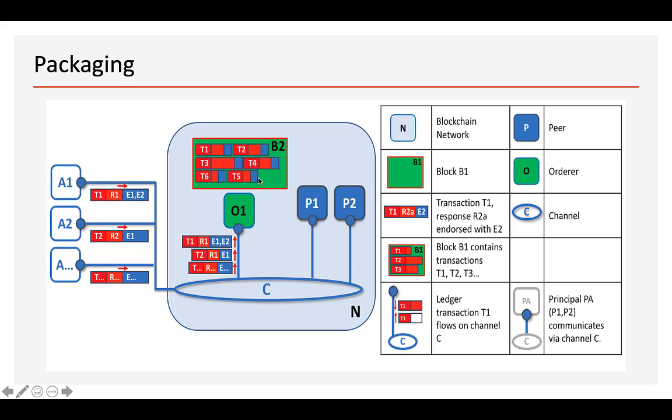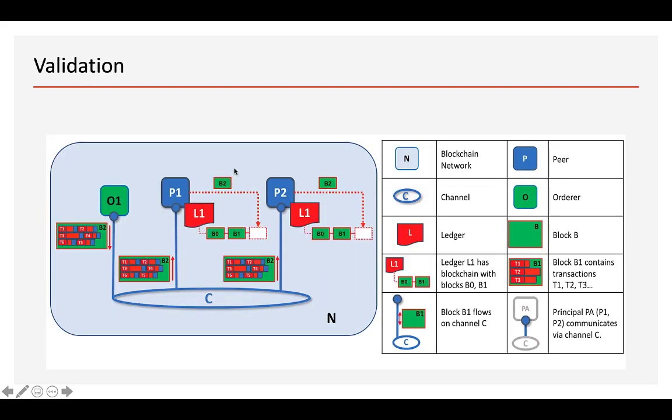B2 is a block that is being packaged here. And then finally every node that wants to validate will validate the block, and if they find that there is a mismatch between the read-write set versions, etc., they will invalidate the transaction.